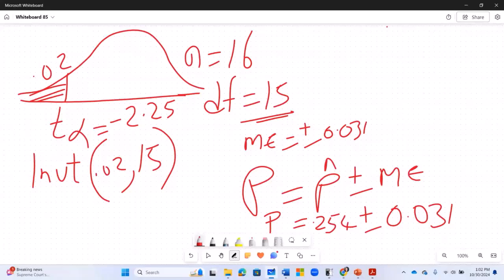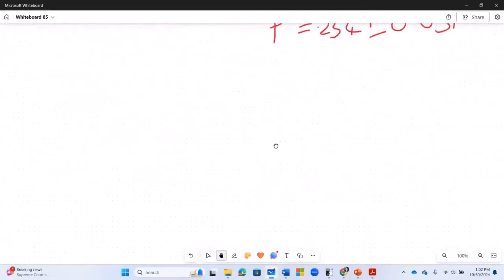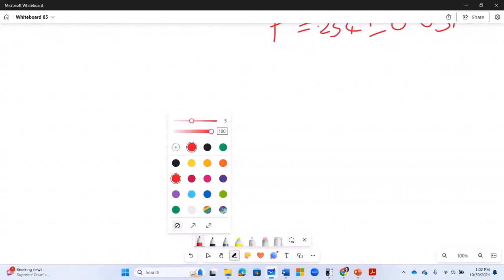Okay, so the margin of error. I want to make sure I write the formula again for proportion. You don't have to use the formula, you can use a calculator, but it's always good to know the formula in case you're told to plug in what you know.